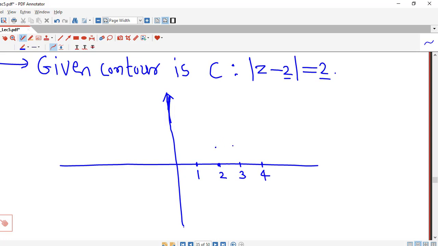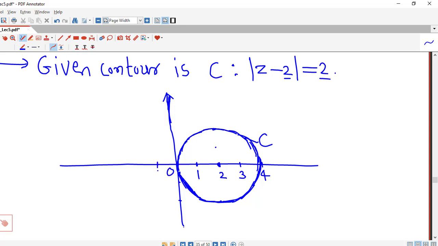So this is a rough sketch of the circle, which is a simple closed contour C with center 2 and radius 2.